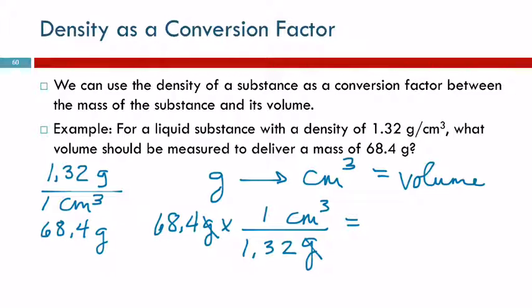So I take my calculator, I've got 68.4, and I multiply by 1, I divide by 1.32, and my calculator says 51.818181, and it just keeps going. The unit would be cubic centimeter.